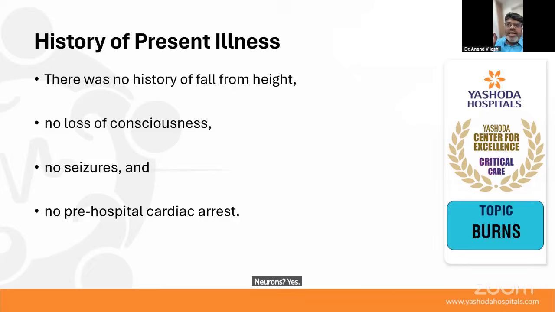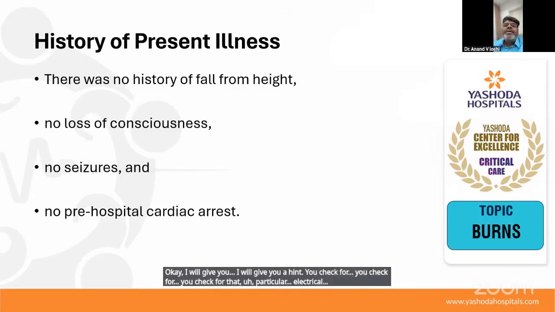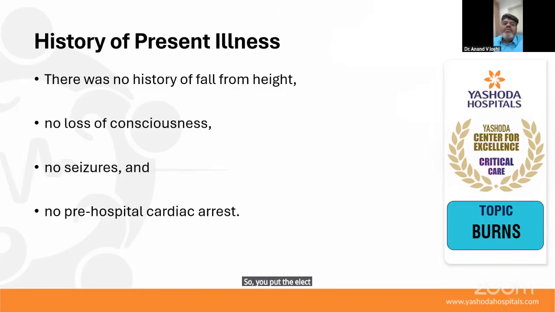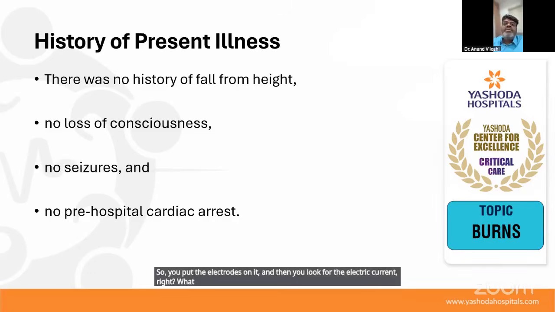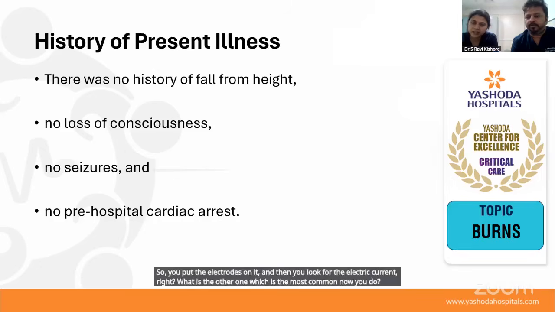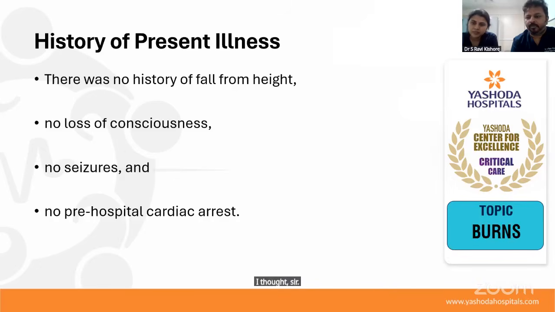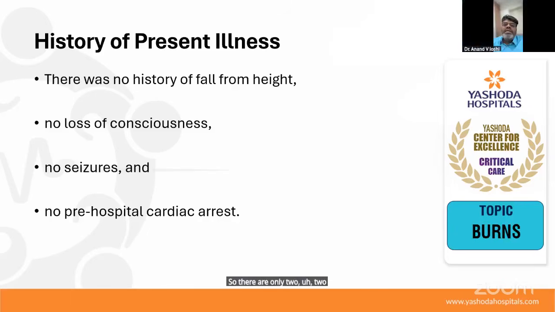You check for that particular electrical current every other day, and once in a while for the other organ. One you already told, brain. So you put the electrodes on it, and then you look for the electric current, right? What is the other one, which is the most common now? Heart, sir. Heart. So there are only two organs in the body that have an electrical circuit.